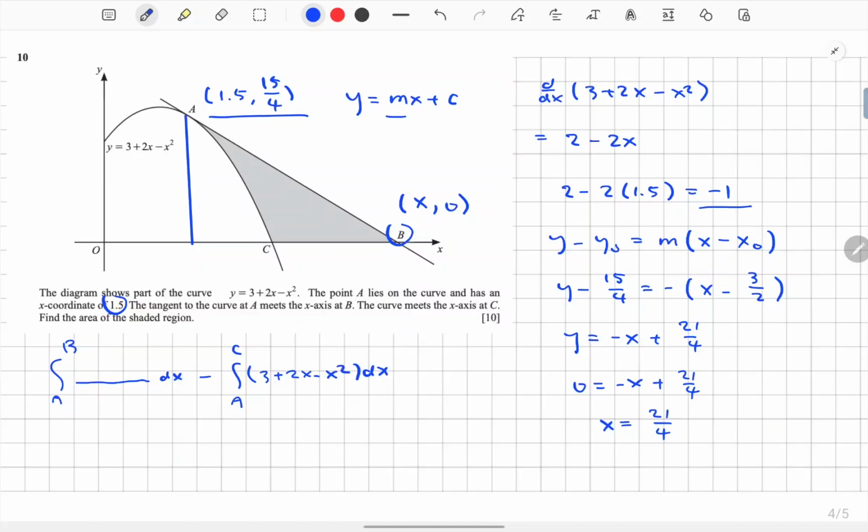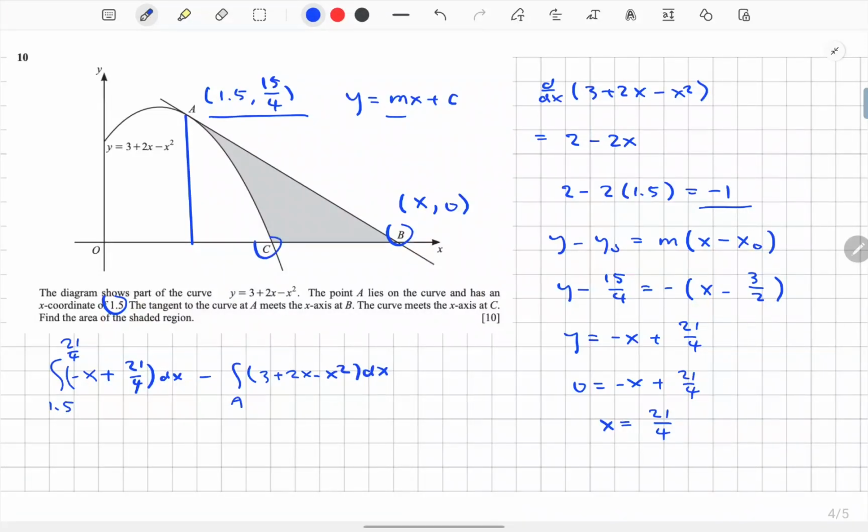So we can put all these numbers and the function into our integrals. Our straight line function is negative x plus 21/4. Our b, the x coordinate, is 21/4. Our a is 1.5.